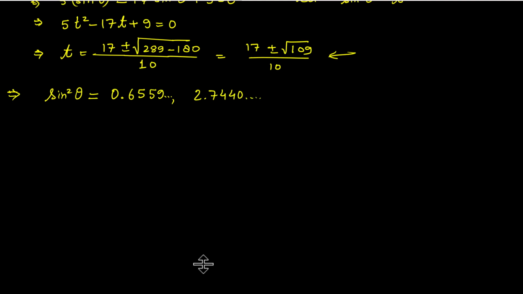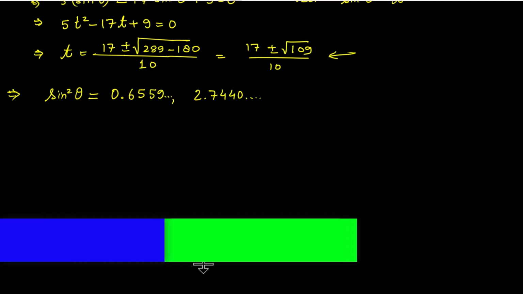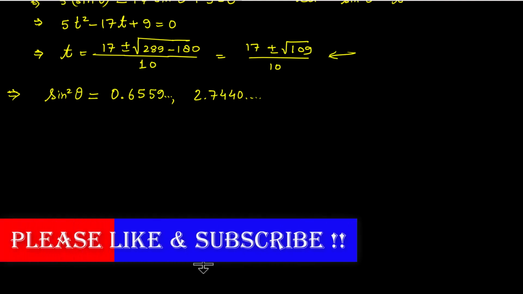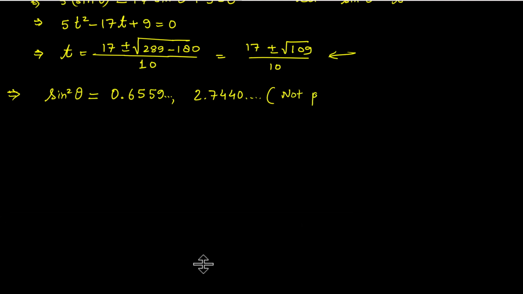Since sine value is bounded between -1 and 1 inclusively, sine squared theta will also not cross 1, so we can say that 2.7440 is not possible, so we'll cancel it.